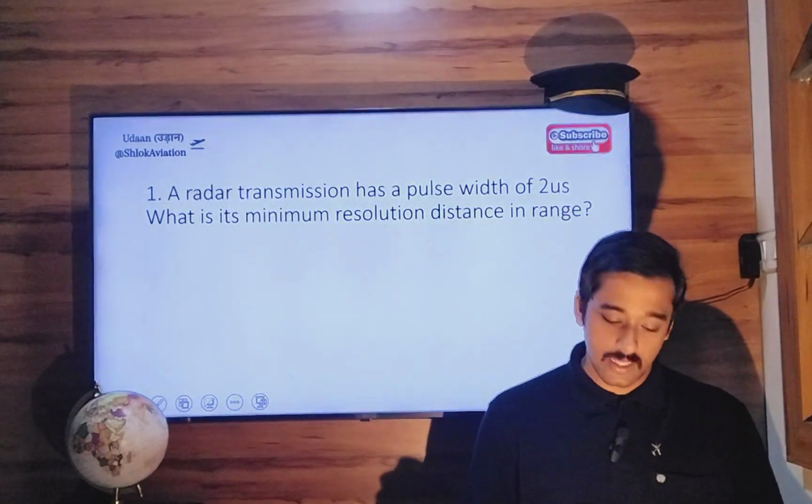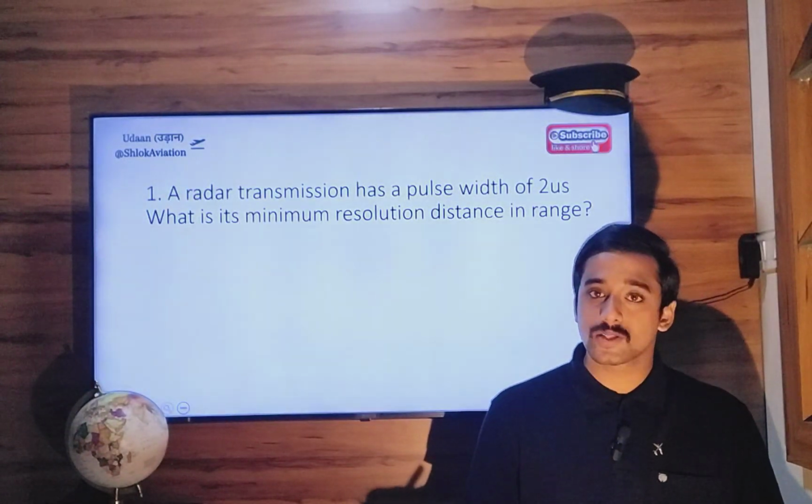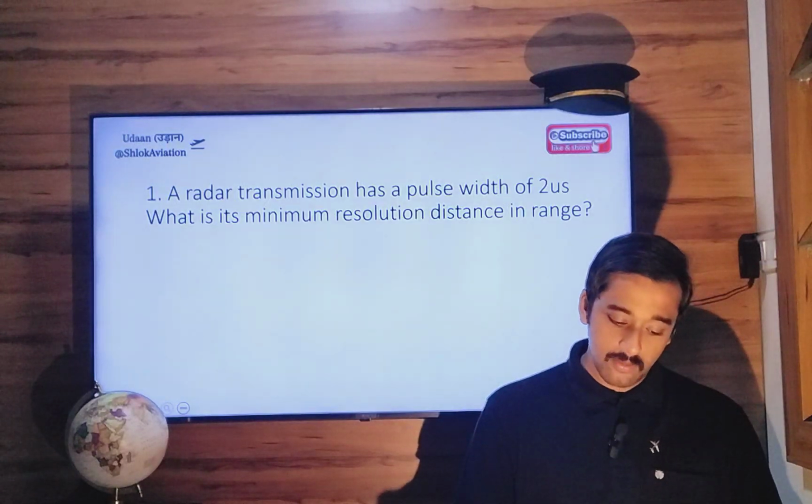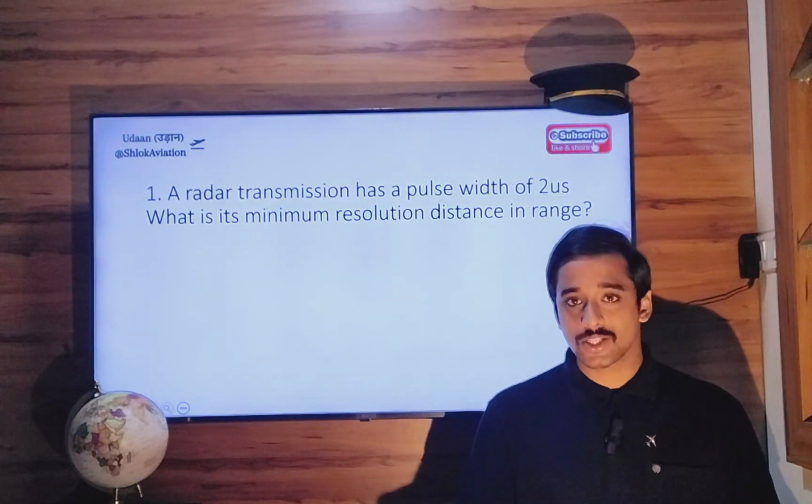A radar transmission has a pulse width of 2 microseconds. What is the minimum resolution distance in range?